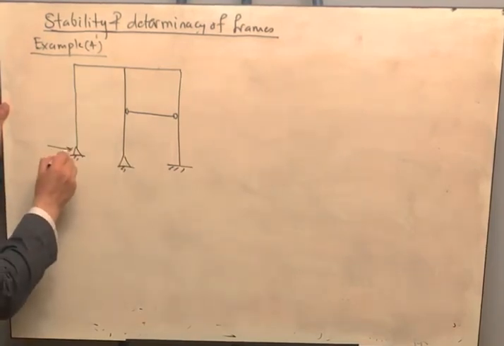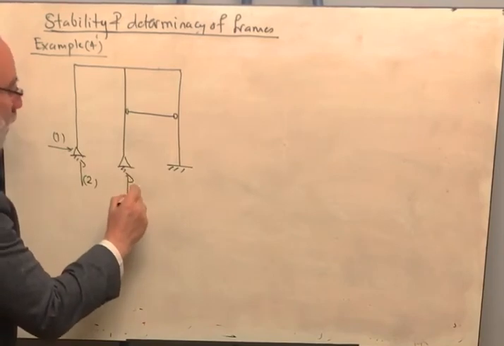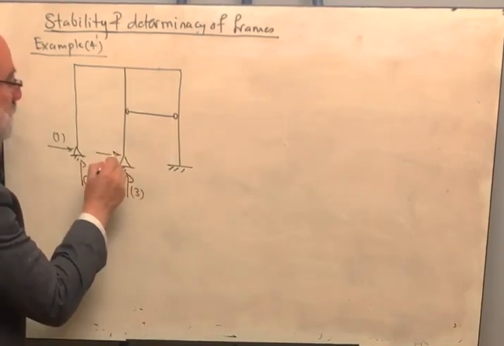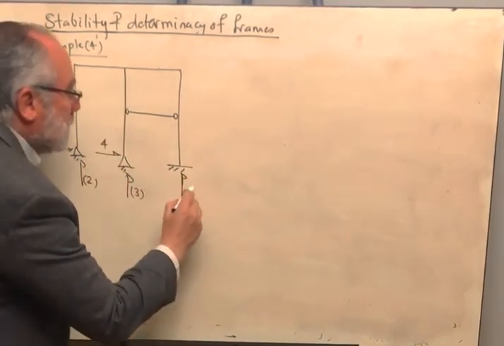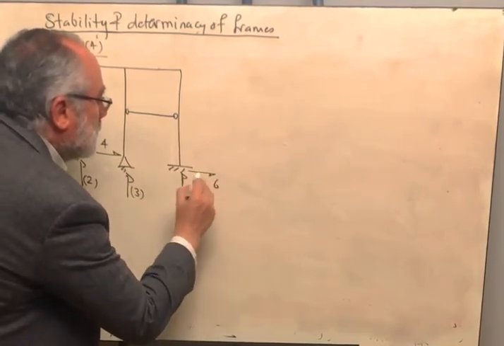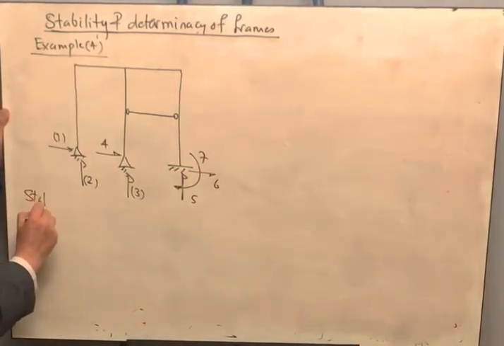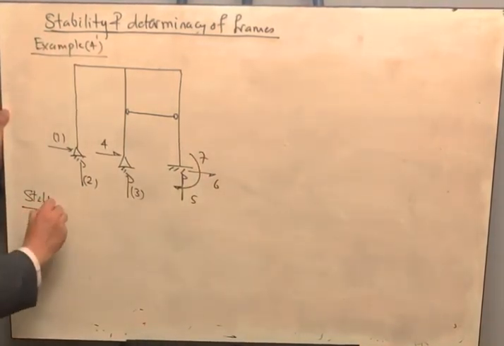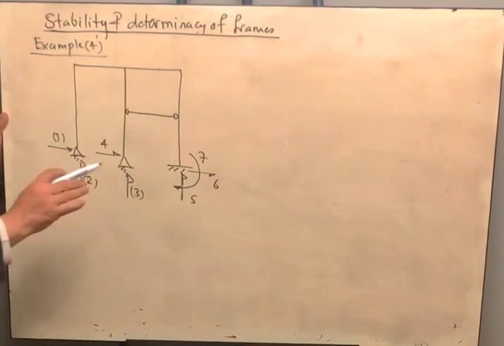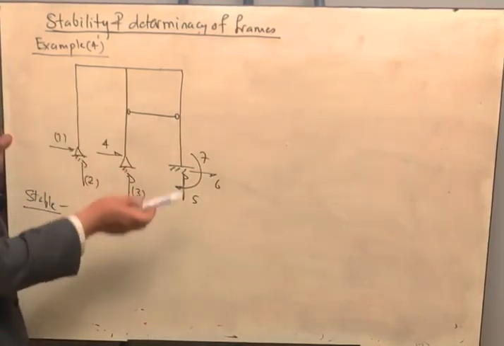With respect to stability, definitely this will be stable. How many reactions? We are having 7 reactions. So stability, it is stable already. Reactions are not parallel, reactions are not concurrent. I am having stable geometry.